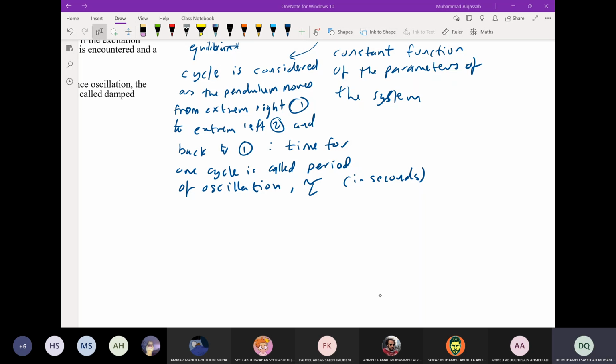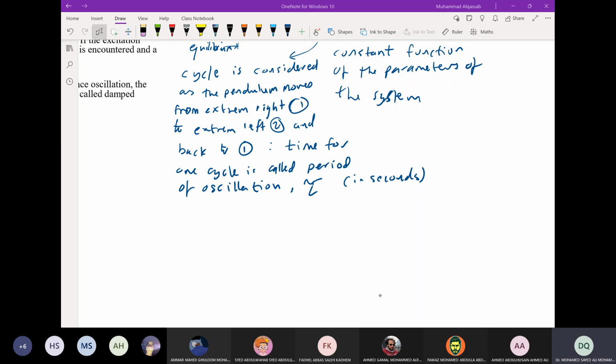For sure the time for a cycle is going to be different. So when we say that omega n, the natural frequency, is constant, we are referring to small oscillations.